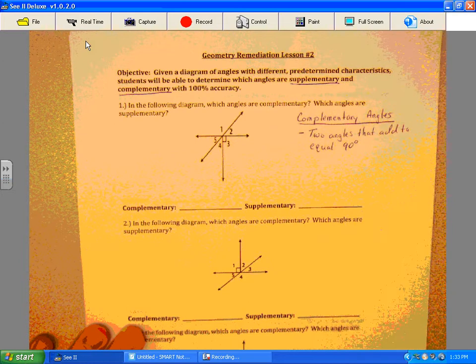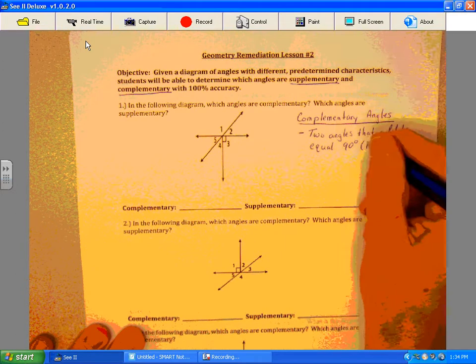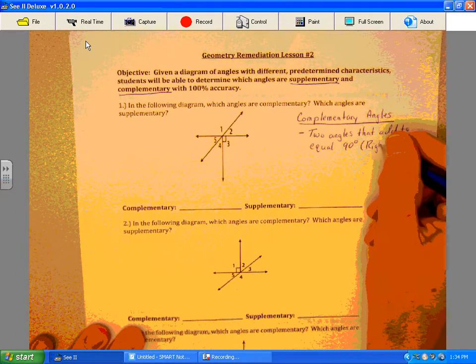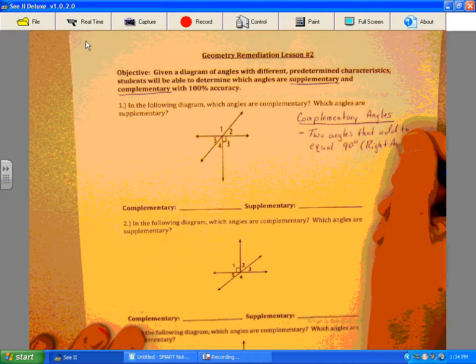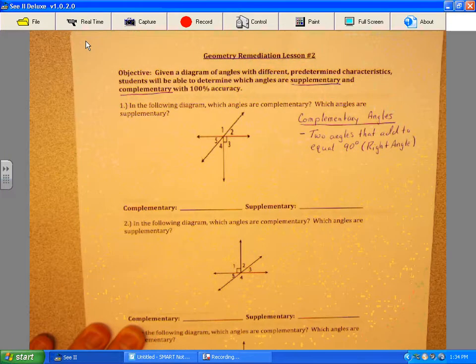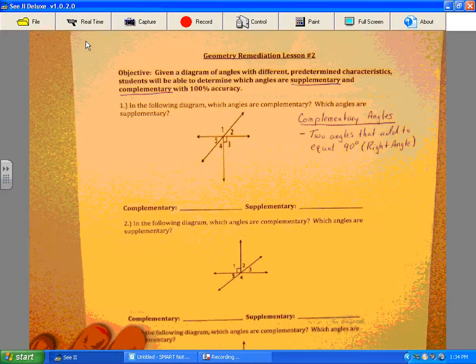Now, if it's a 90-degree angle, we call that a right angle. So complementary angles are two angles that add to equal 90 degrees, and they make a right angle.